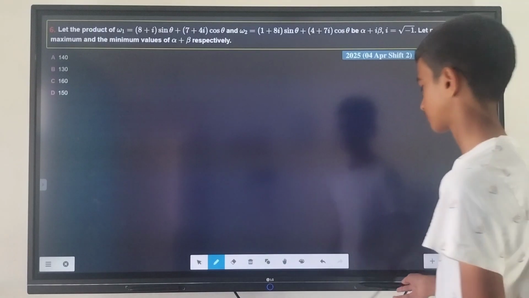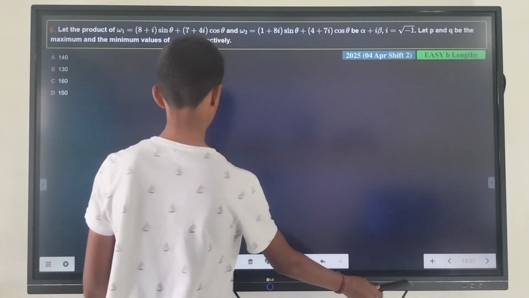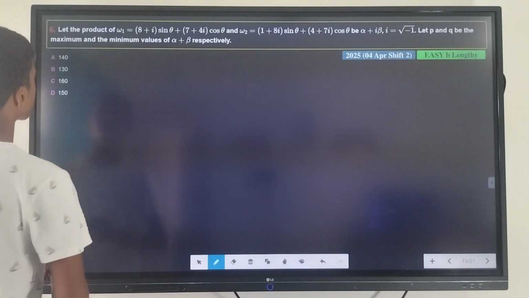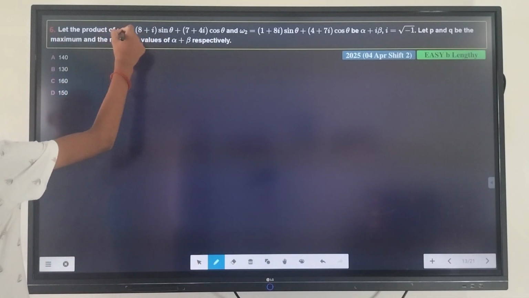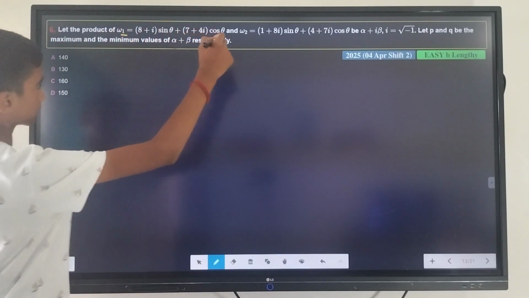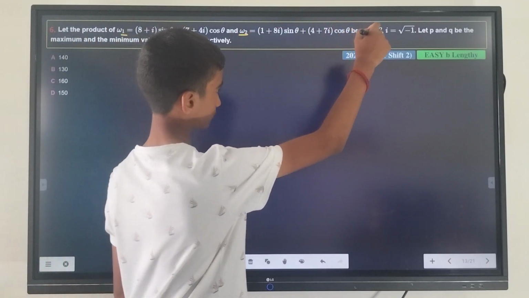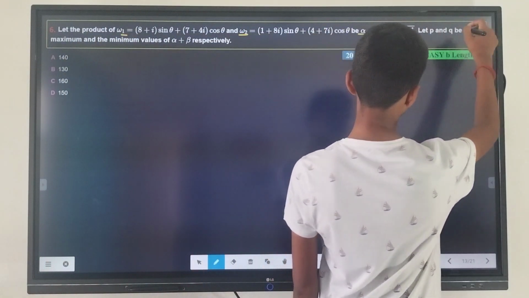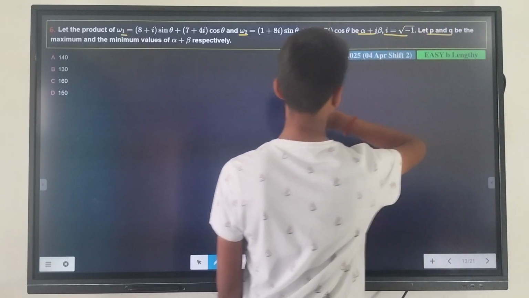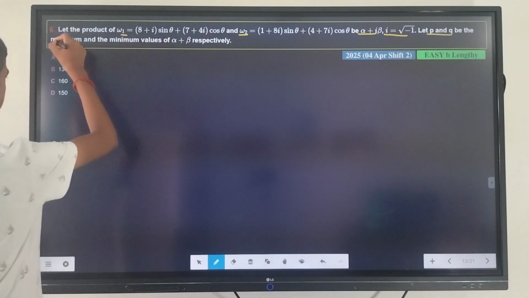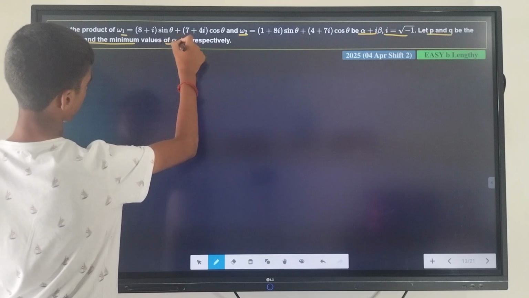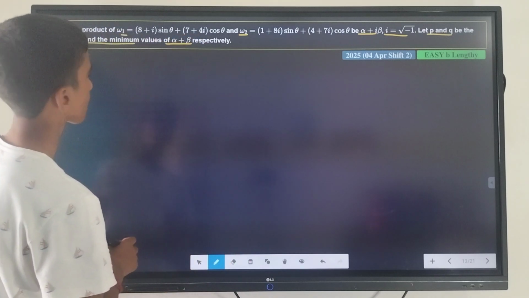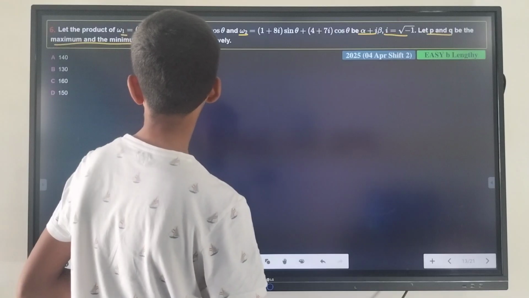Here is our next question. This time our question says, let the product of omega 1 and omega 2 be alpha plus iota beta. Iota is equal to root of minus 1. Let P and Q be the maximum and minimum values of alpha plus beta respectively.